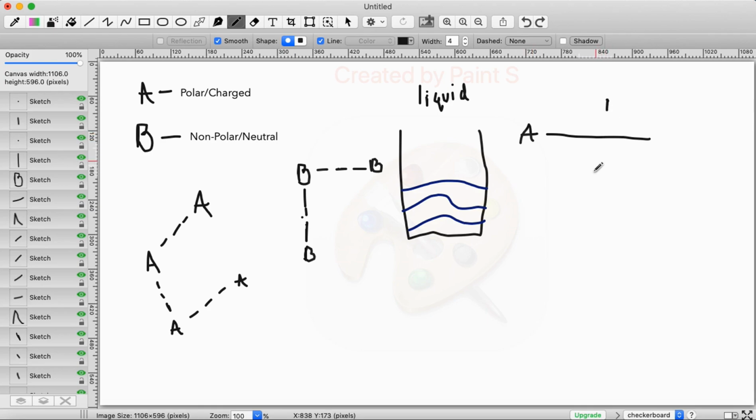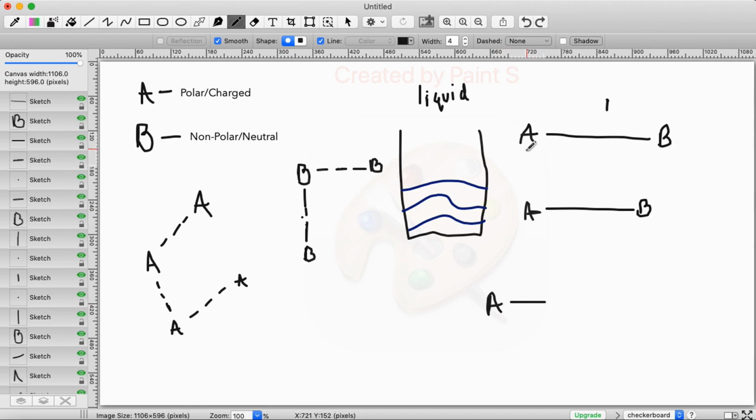I'll define it that one end is polar, which is what I'm showing right now, and one end is non-polar. That's how long this is, such that we can say that one end is polar, one end is non-polar. If you have that molecule, A and B, and you were to interact it with another same molecule of A and B, then these can interact very well.